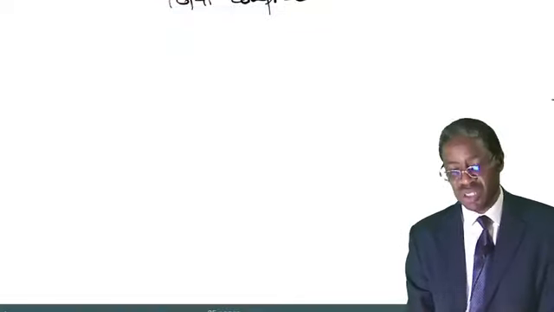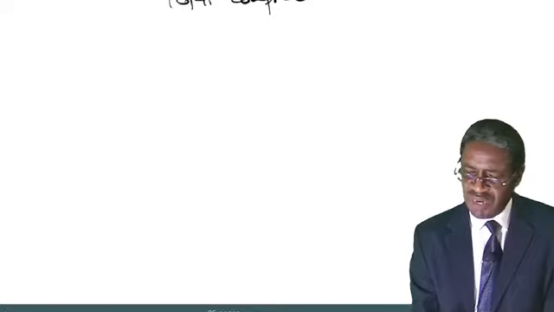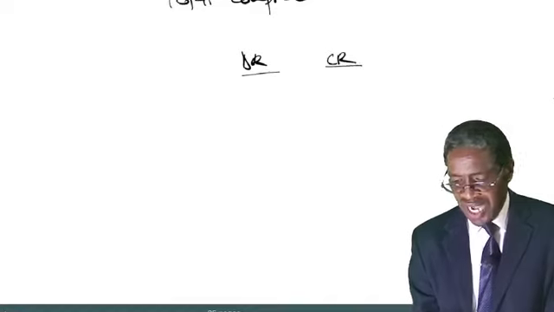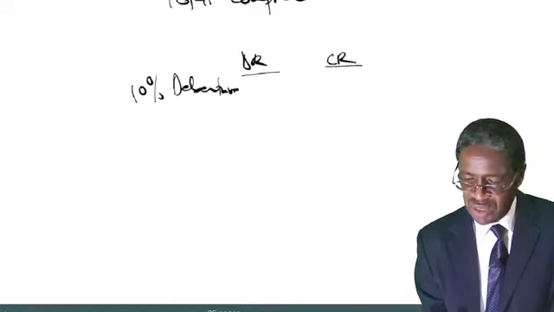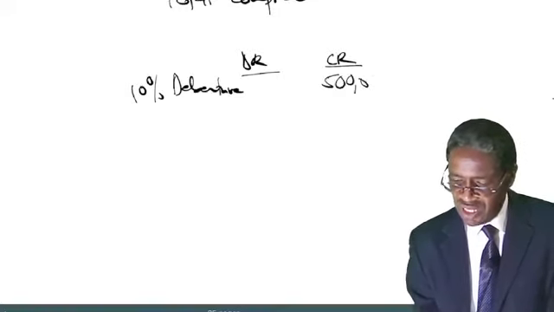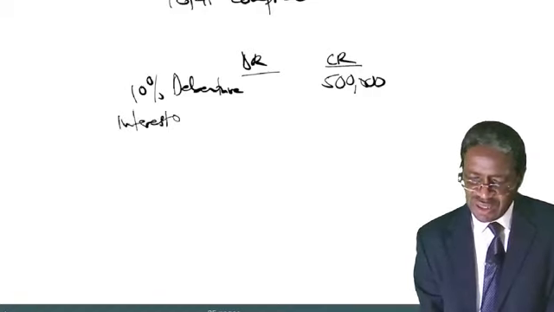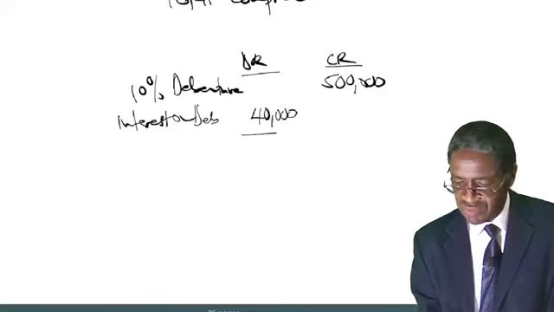You used to be given a trial balance of this nature. In that trial balance, you are given 10% debentures, let me assume 500,000, and interest on debentures of 40,000.